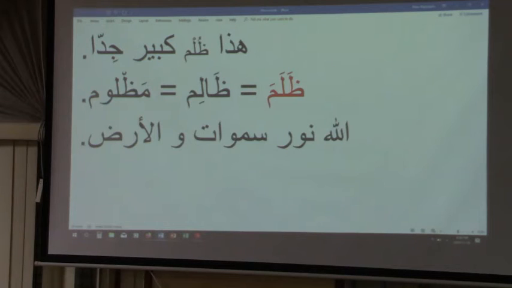So it's the same thing. ظلم is to oppress, and he oppressed. ظالم, we can see the root word ظلم. What is the sign of the fa'il? Alif and kasra. And what is the sign of the maf'ul? Mim and waw. مظلوم.